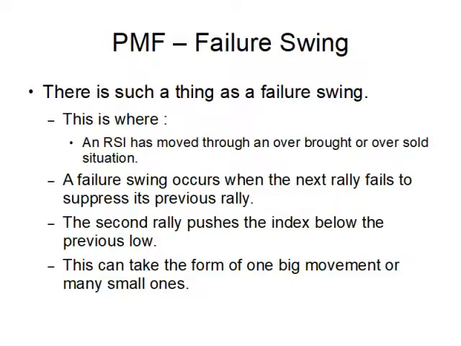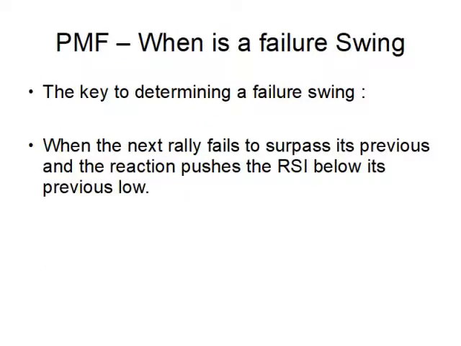This can take the form of one big movement or many small ones. Okay, the key to determining a failure is when the next rally fails to surpass its previous and the reaction pushes the RSI below its previous low.